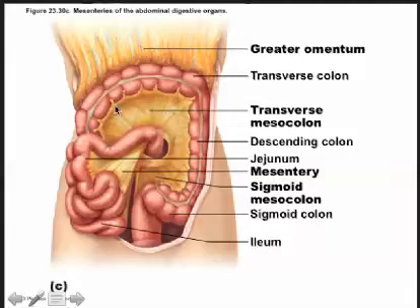The transverse mesocolon, of course, attached to the transverse colon. You can see the sigmoid mesocolon down here, and then you can see large amounts of mesentery that hold the small intestine in place. This is just to bring home the point that basically what holds the lower GI in place is connective tissue, okay?